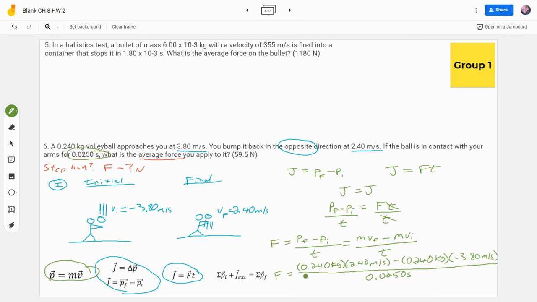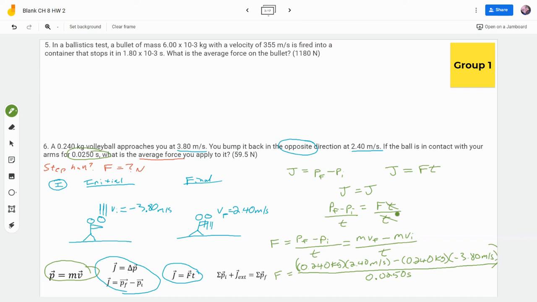Something to be aware of, there's an order of operations thing here. One way to fix it, put a big parentheses around the whole numerator. Now, if you do this in the calculator, 0.240 times 2.40 minus 0.240 times negative 3.80, you've got to get that part right.